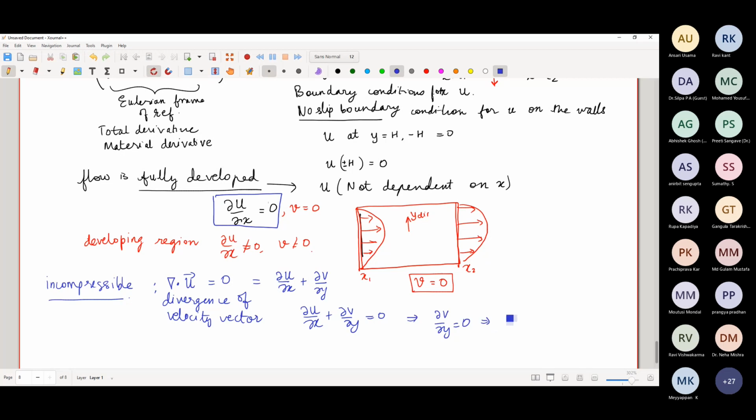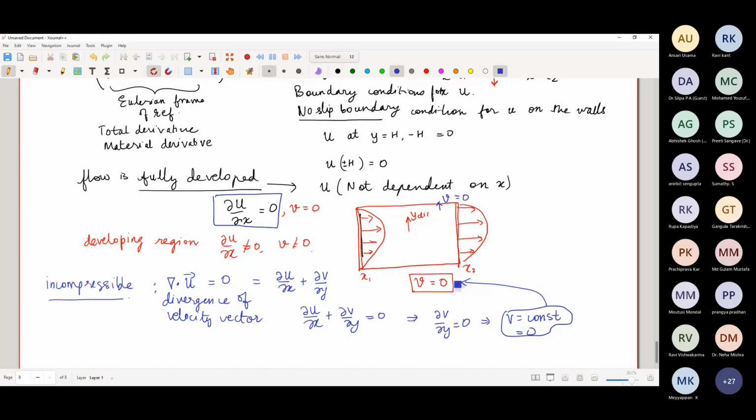If we integrate this, v equals a constant, but the v velocity at the wall is equal to 0, because the fluid cannot penetrate the wall. So this constant has to be 0. It automatically means that v is equal to 0. This is what we have shown qualitatively as well.